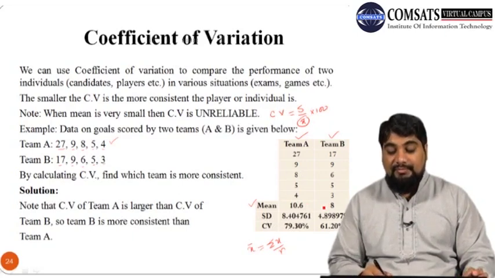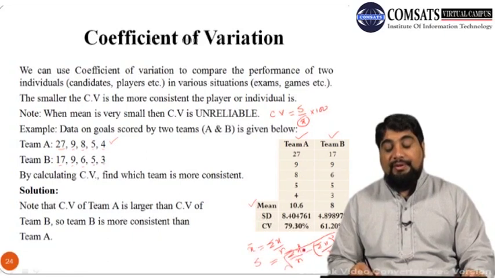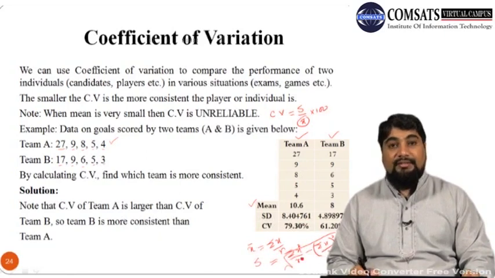Then calculate the standard deviation by using the short formula or the original formula in deviation form. It is the square root of summation x square over n minus summation x over n, whole square. So you need to calculate x square and then divide by n.